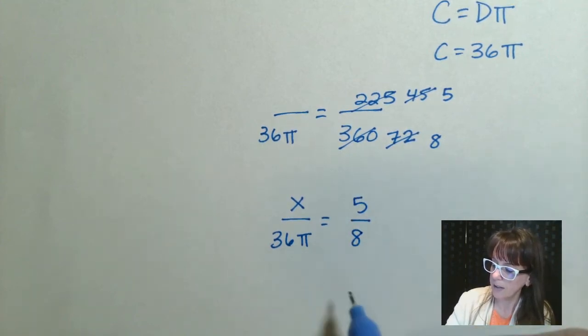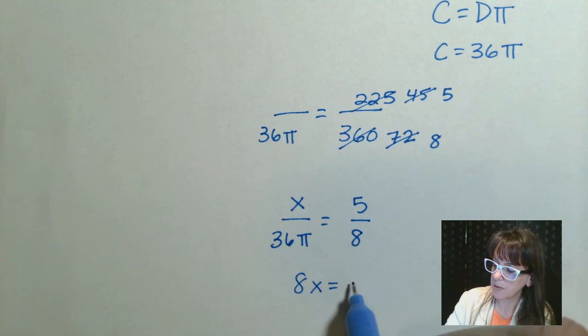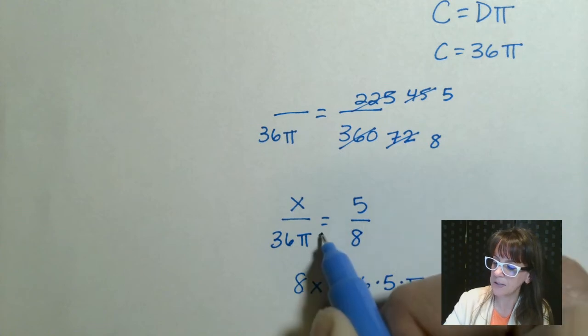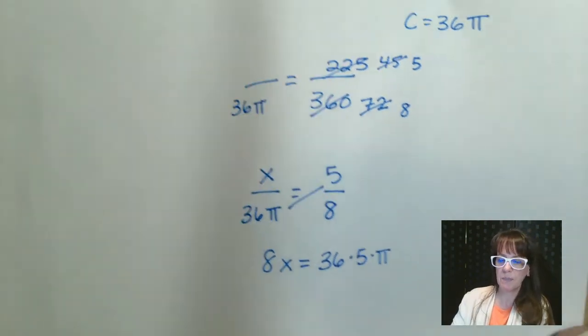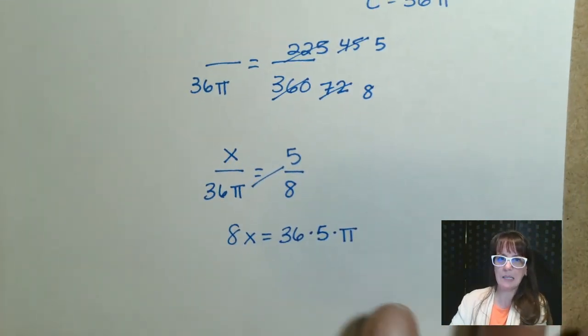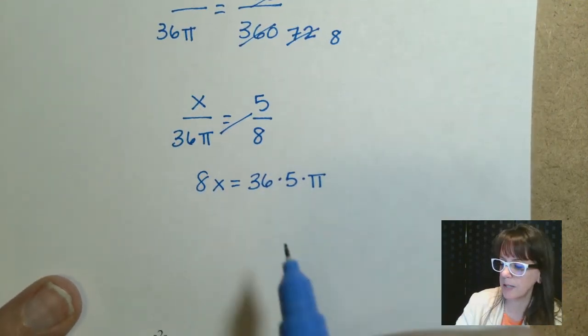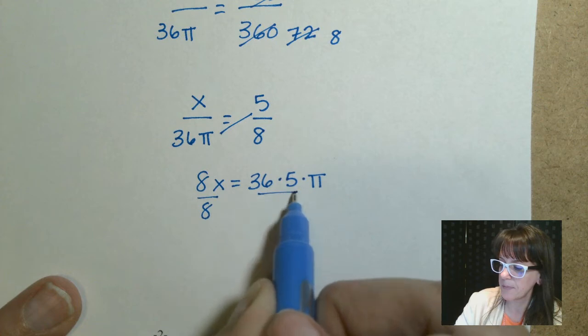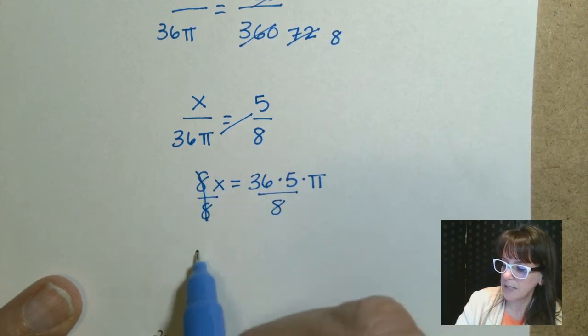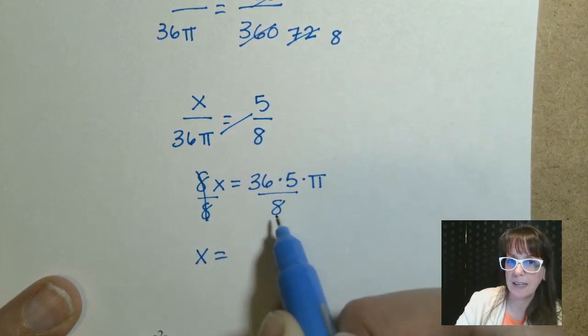So we get 8x equals 36 times 5 times pi, right? So this times this. Okay, so now what we can do is divide both sides by 8. And we say x equals, we can cross cancel.